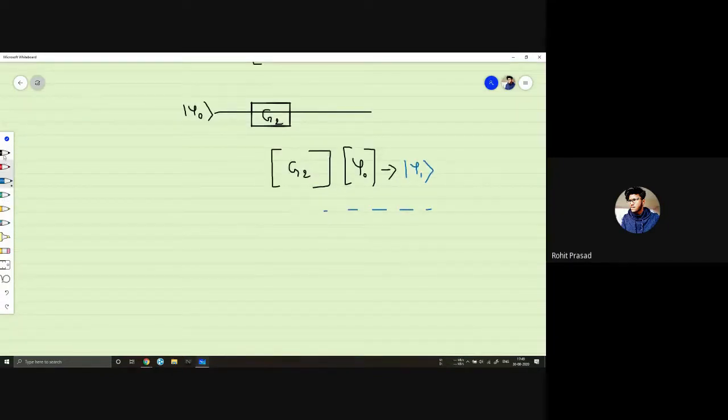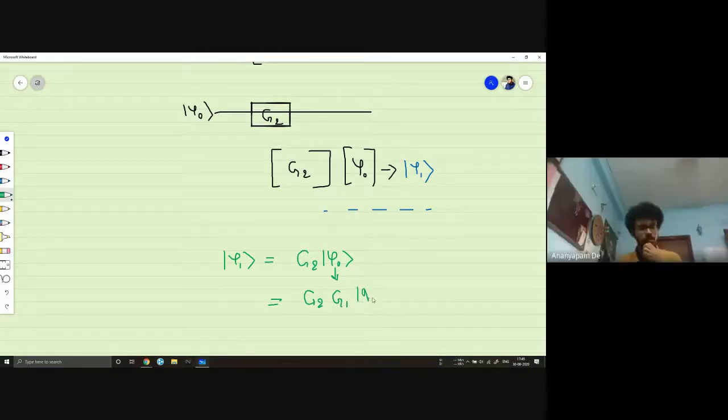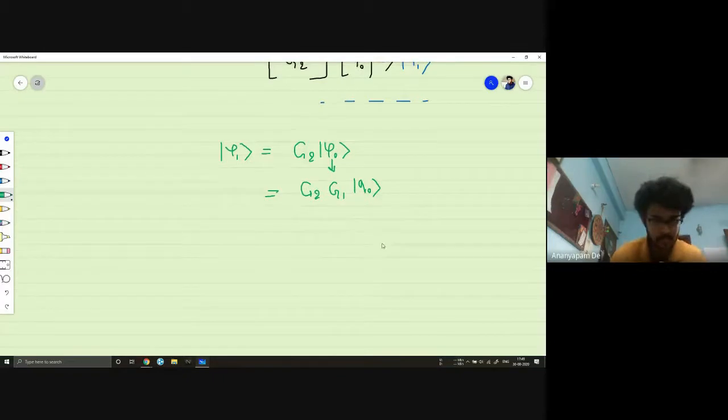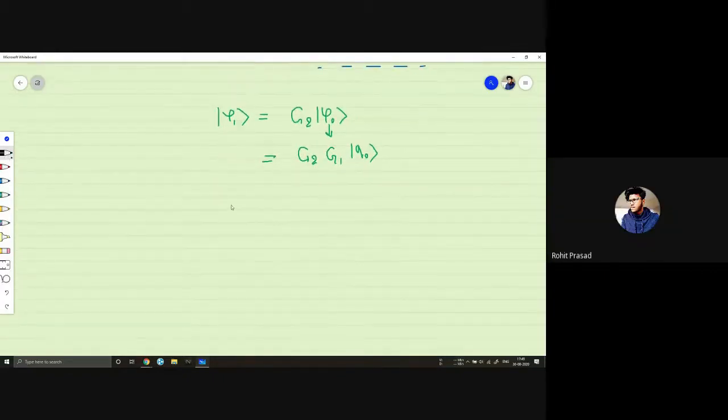So psi 1 is equal to G2 psi naught, and this psi naught can be written as G1 Q naught, so psi 1 equals G2 G1 Q naught. If we see, we had Q naught here, G1 here, and G2 here. The order has been reversed.